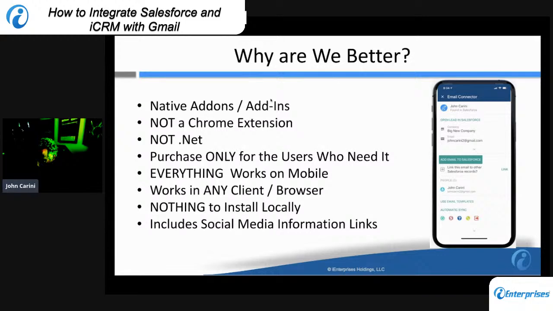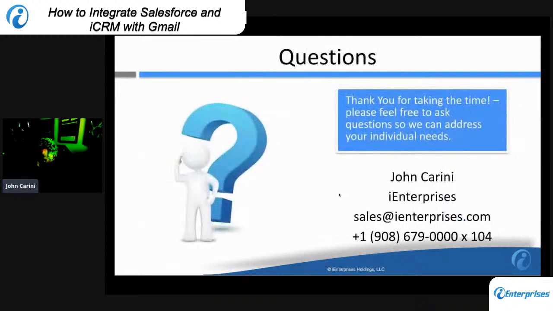Ours, again, in the case of Outlook, installs inside Outlook, lives in the Outlook servers, so you can use it in any Outlook client, on a Mac, on a Windows machine, in a browser, any browser, and there's nothing to install locally. And you saw it includes those social media links as well, which is something really different. So if you want one that actually works, I hate to put it so bluntly, but it's true. If you want one that actually works, ours is the one. Ours actually works, whereas the others bug out half the time.